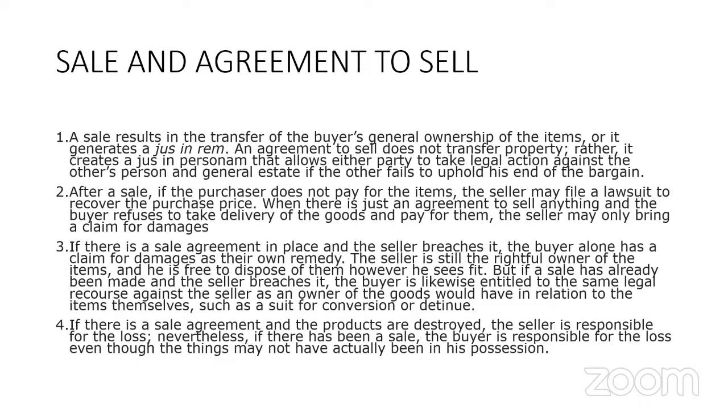See, why does this happen? In sale, transfer of ownership takes place immediately. Whereas in an agreement to sell, transfer of ownership does not take place. Right? So in an agreement to sell, the buyer can only claim damages, because the seller is the rightful owner of the items, not the buyer. And in an agreement to sell, if the products are destroyed for some reason, then the seller is responsible for the loss.